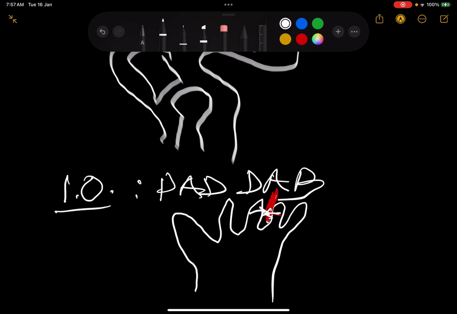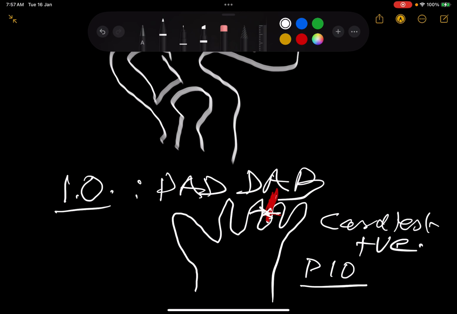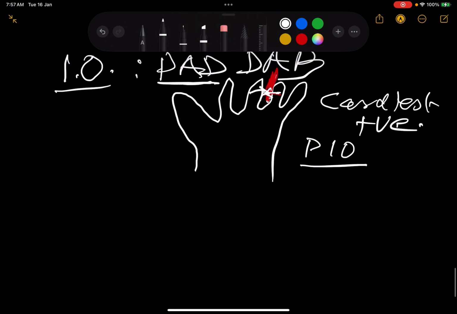If he can't hold that card and you are able to pull out that card, it is called the card test positive, and it indicates paralysis of palmar interossei, the adductors.